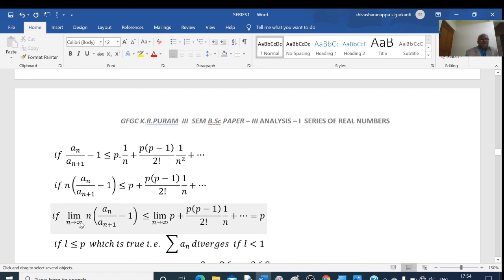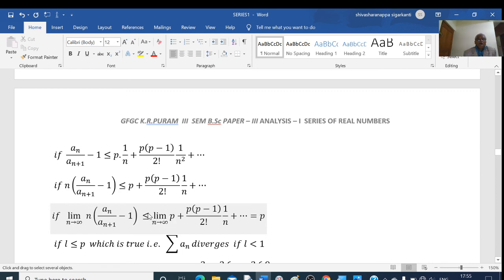So the given series, sigma an, is divergent if the limit of this is less than or equal to the limit of this. That is, limit n tends to infinity of n into (an by a(n+1) minus 1) is less than or equal to limit n tends to infinity of p plus p into (p minus 1) by 2 factorial into 1 by n, plus and so on.